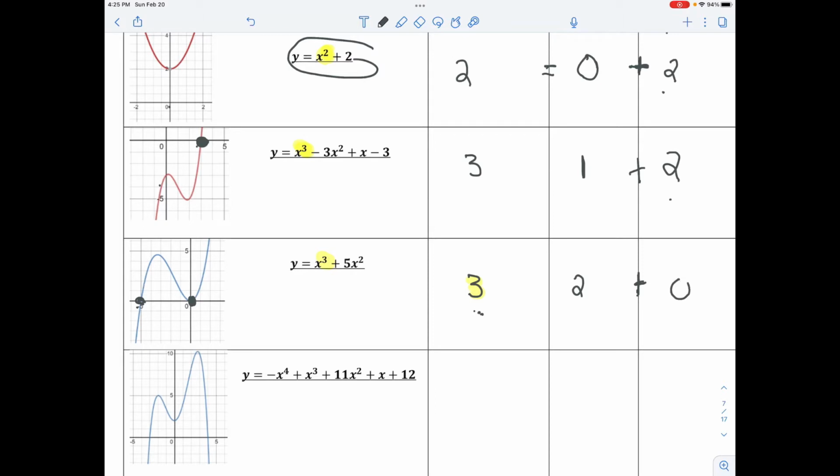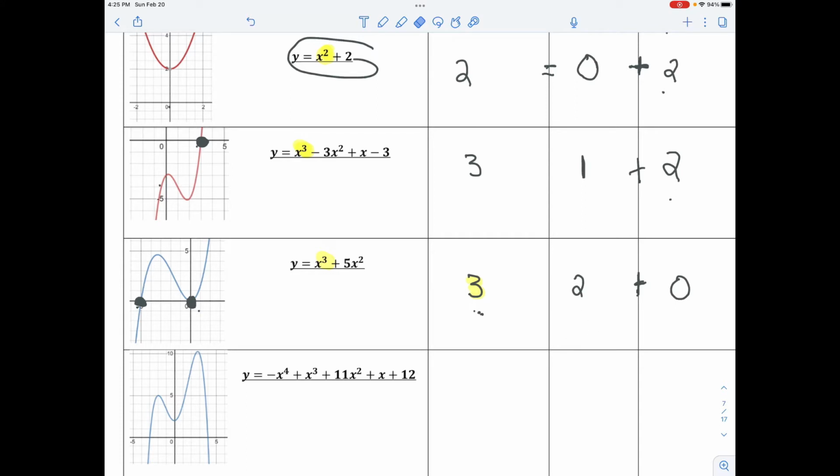Well, I don't have any imaginary solutions, but one of my real solutions has a multiplicity of 2. So I have a solution at, I think that was -5, and a solution at 0, and this solution of 0 has a multiplicity of 2. So this multiplicity of 2 plus the 1 real that we have would give us a total of 3.